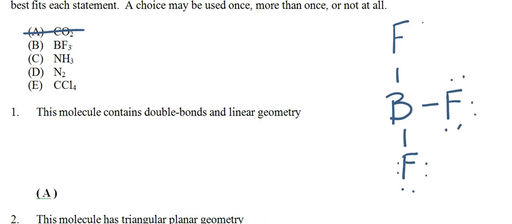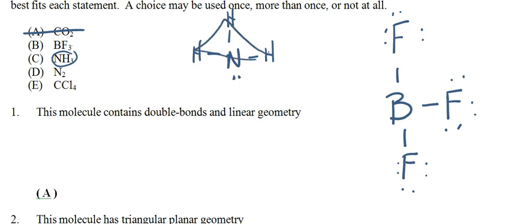Now, for the sake of time, unless the question asks you to draw the Lewis structure, I wouldn't include those other dots. But the trigonal planar geometry here is boron trifluoride. Sorry. Ammonia actually has a lone pair of electrons, so there's no way that forms a trigonal planar shape. It forms a trigonal pyramidal shape if you're looking only at the atoms, but it forms a tetrahedral with that lone pair of electrons.